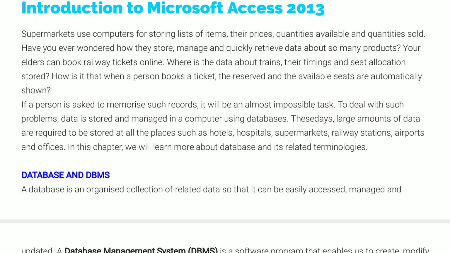We can book the tickets. As we book the ticket, the data stored in the database of that IRCTC platform is updated. All this can be done with the help of the database automatically.